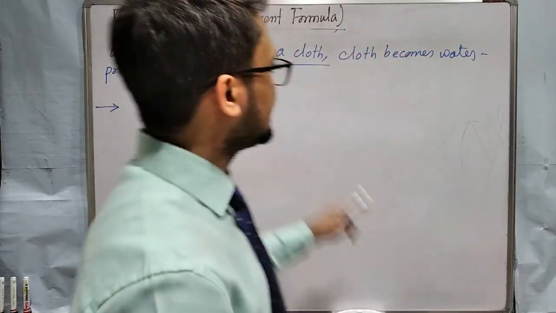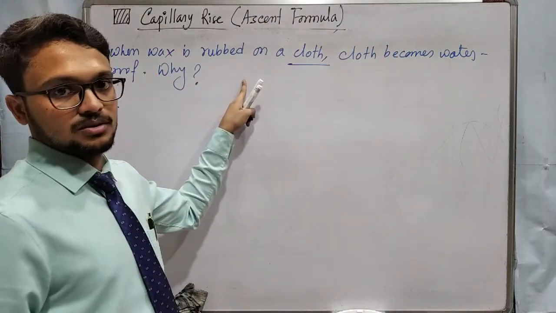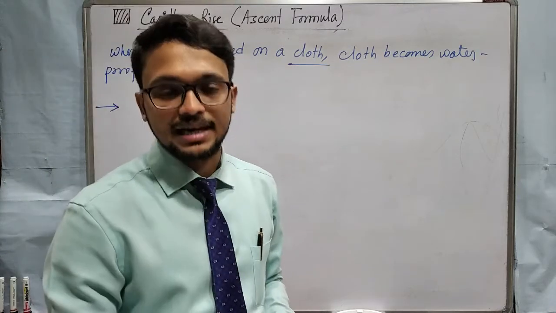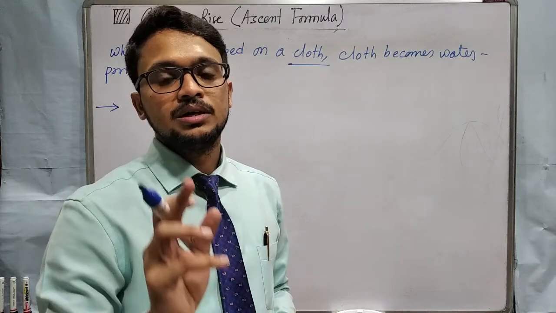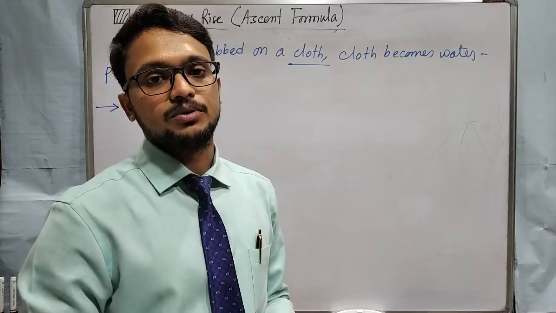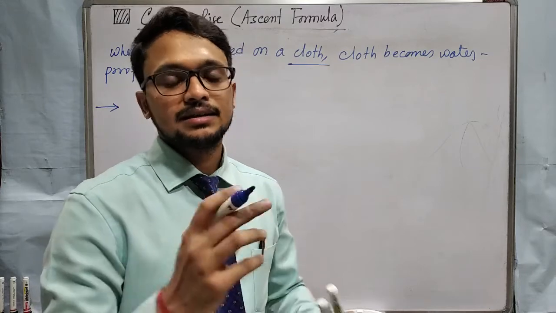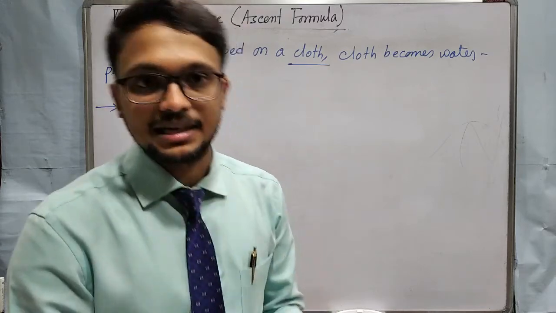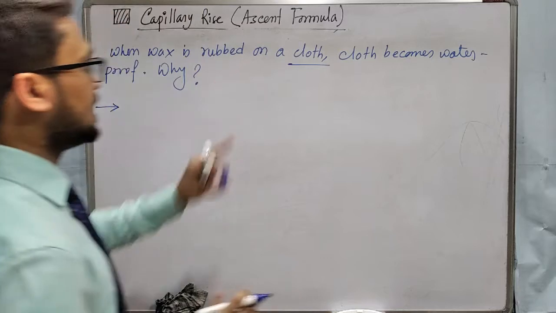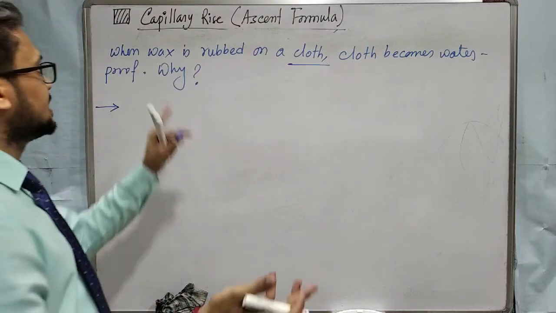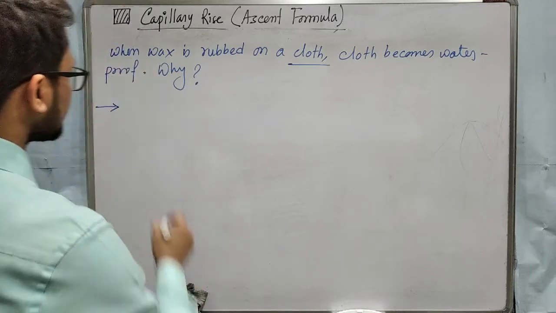But when it is rubbed with wax, then force of cohesion between the water molecules becomes greater than the force of adhesion between water and cloth, or you can tell water and wax.